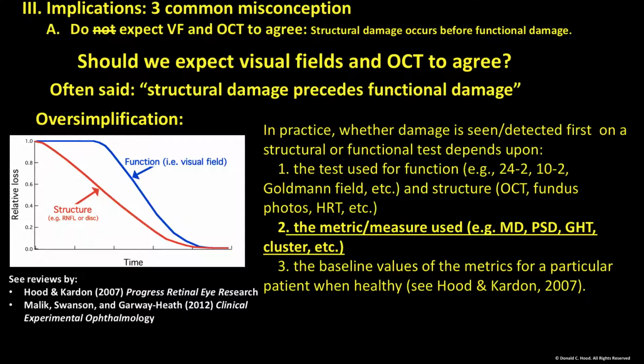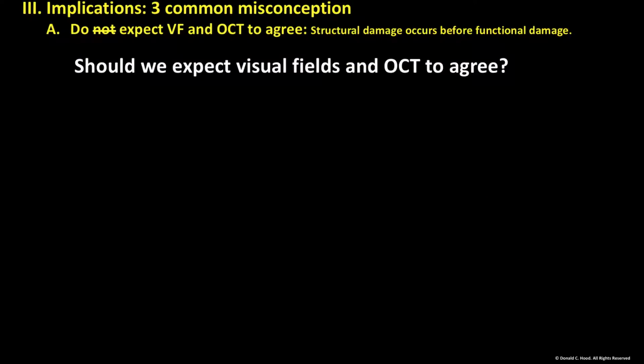You, on the other hand, suppose you started out the reverse. Your sensitivity was just so-so on the 24-2, but your retinal nerve fiber layer was really robust and thick. If we both get glaucoma, it's going to show up first on my OCT and first on your visual field because of where we started. I'll come back to that.